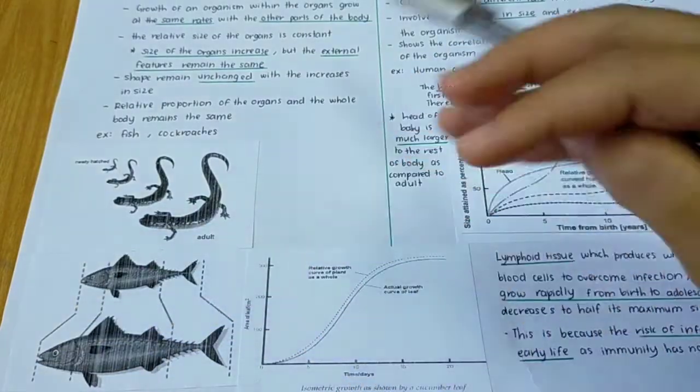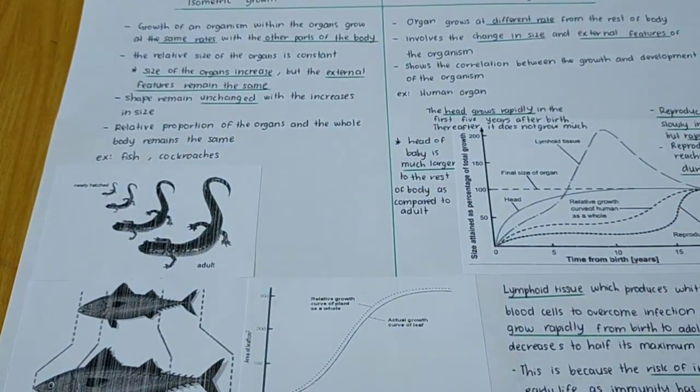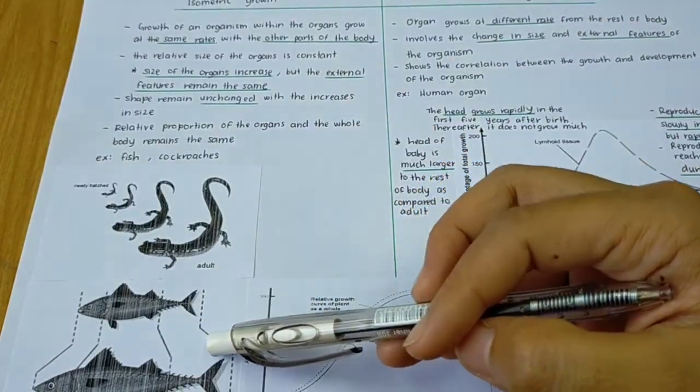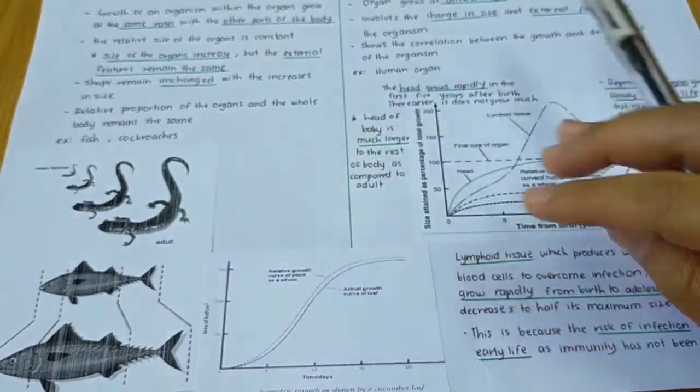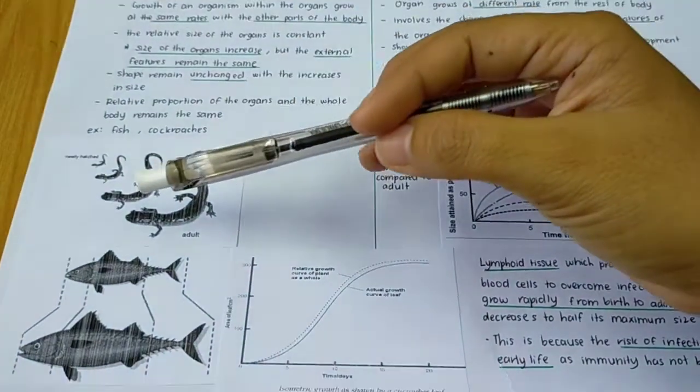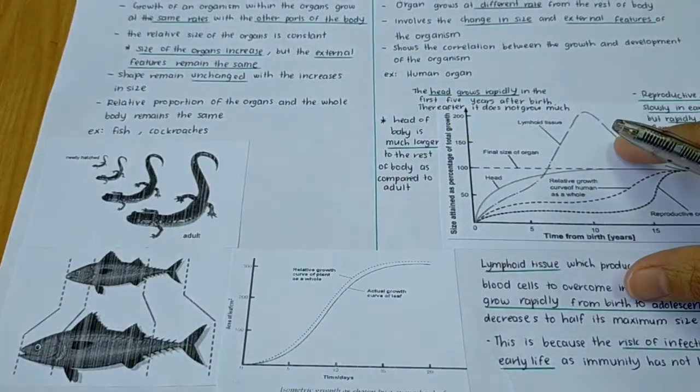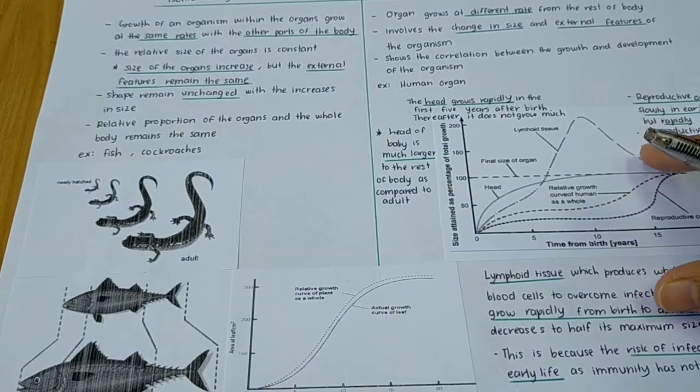Okay, so yang ni yang kita katakan sebagai growth of an organism within the organ grow at the same rate with the other parts of the body. Okay, so cuma berlaku pertambahan dari segi size sahaja, tetapi external features ataupun shape remains the same.